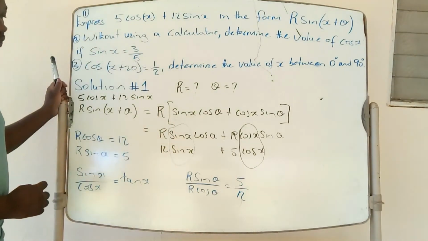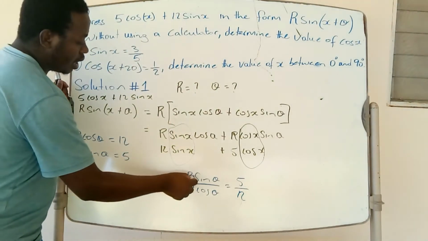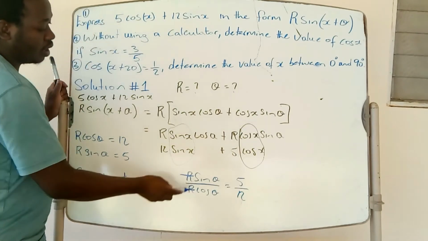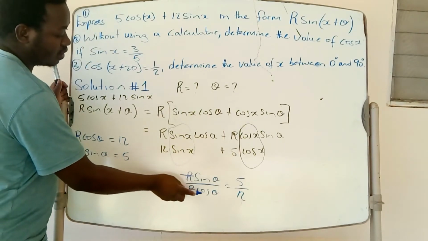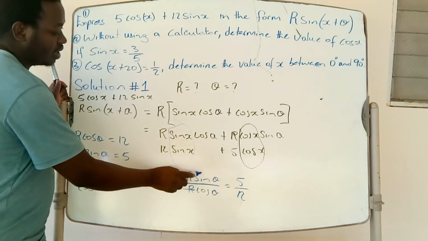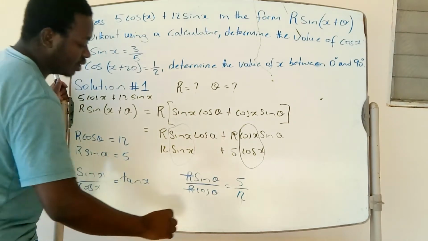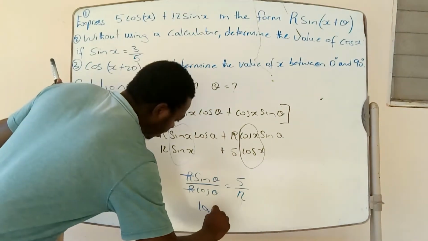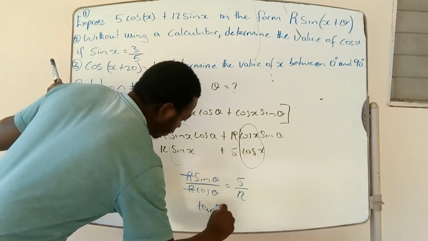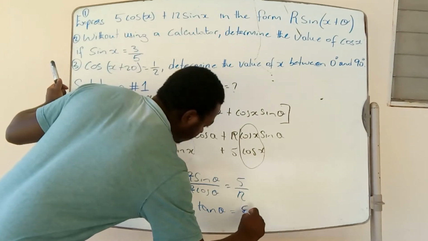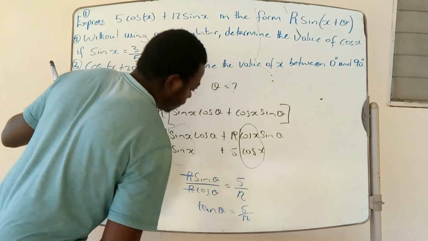Hope you follow me there. Here, r will cancel out r, so all I'm left with is sine theta divided by cos theta. But sine theta divided by cos theta is just tangent theta. So tangent theta is equal to 5 over 12.